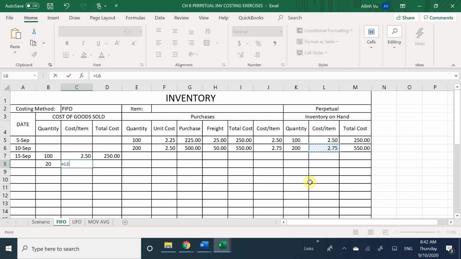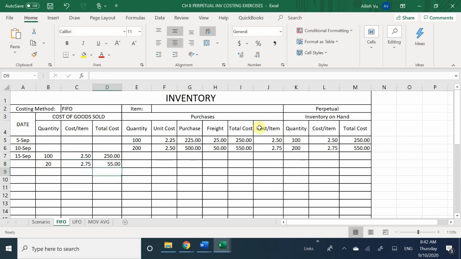The 275, right? It's the only batch we have. We only have 2 batches, so we need to dip into our second batch of 200 items. $55 is correct.